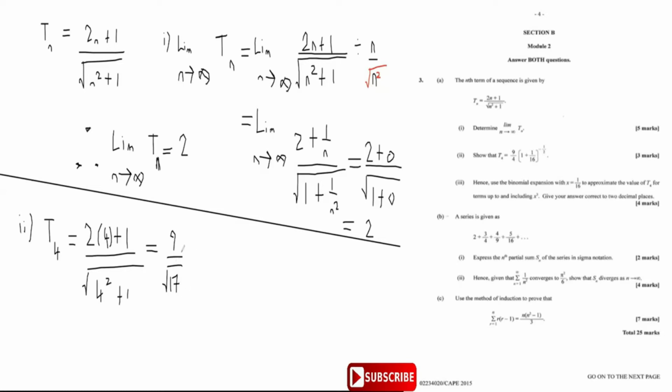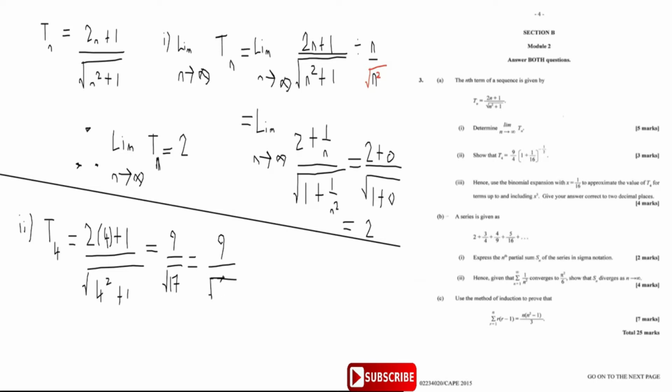Now, this square root of 17 right here, we can rewrite this. We can always break up the square root of 17, and we're going to break it up as they want us to. We need to have 9 over 4. As you can see, it has 1 plus 1 over 16, so we're going to need to break this up.